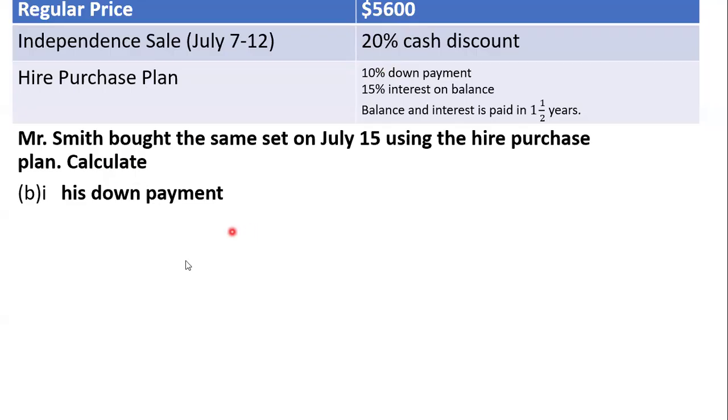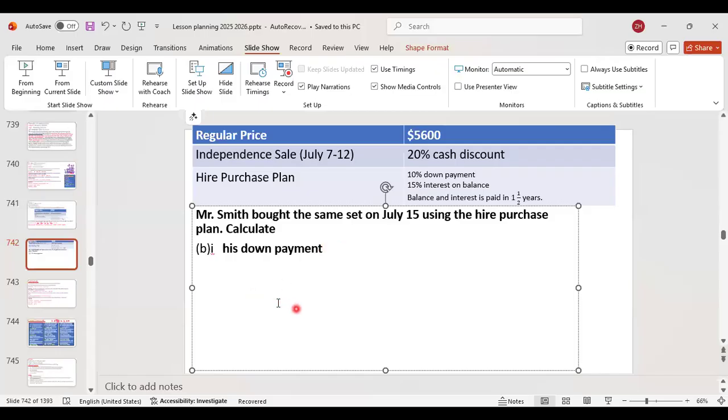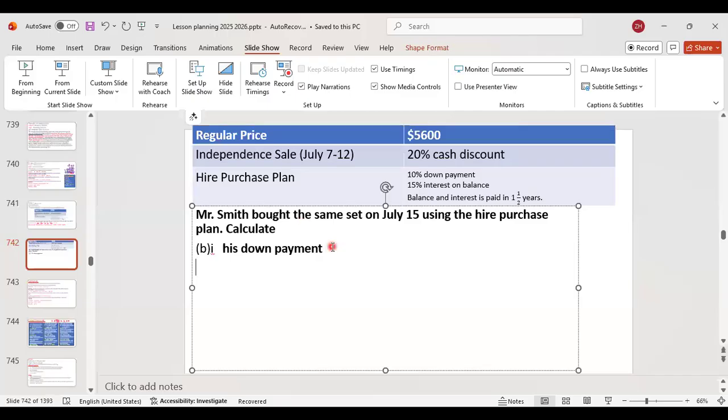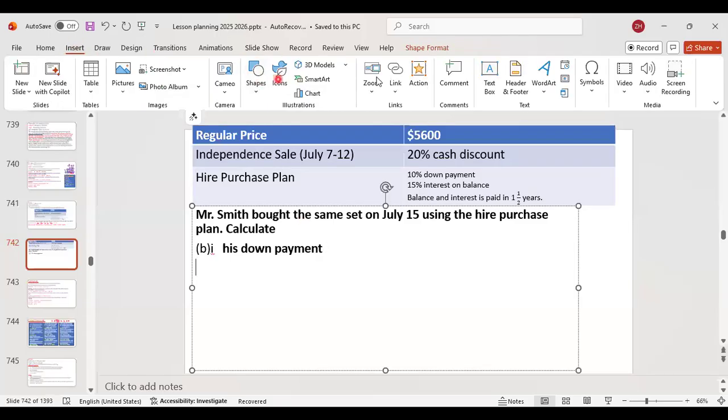So we're going to find this down payment by doing 10%, literally a 10% down payment. And like Layla and Logan adequately said, we have to do 10% of the 5,600, 10% of the regular price. That's going to be his down payment. By the way, I have a question. What is another word for down payment? Deposit.